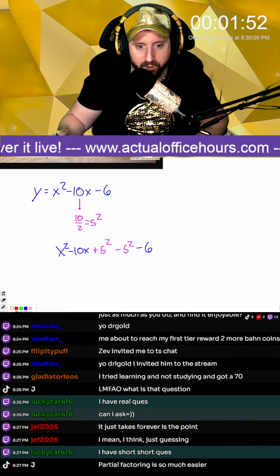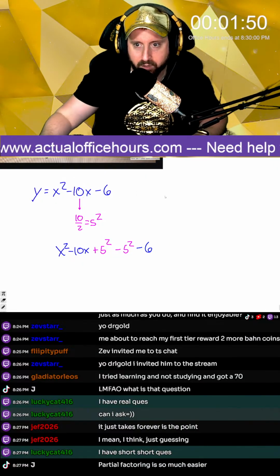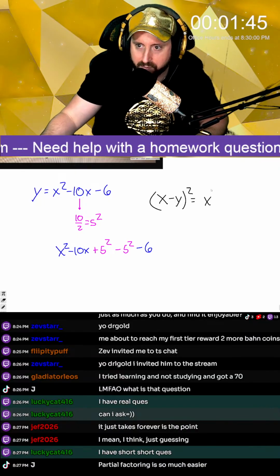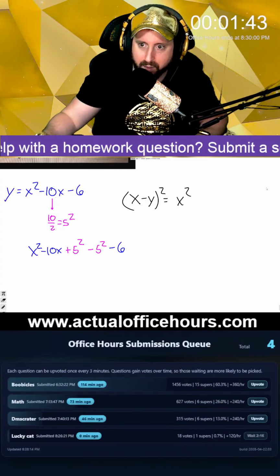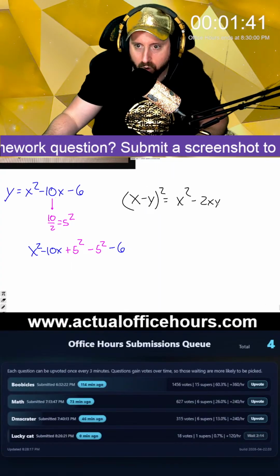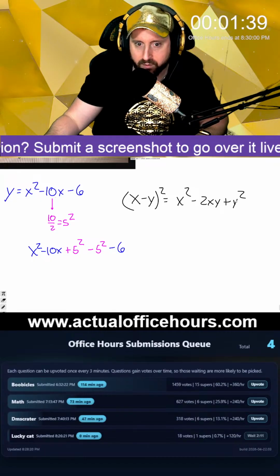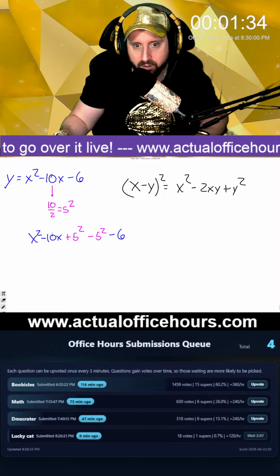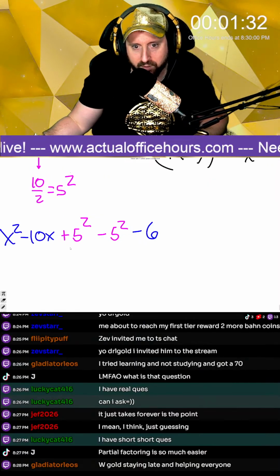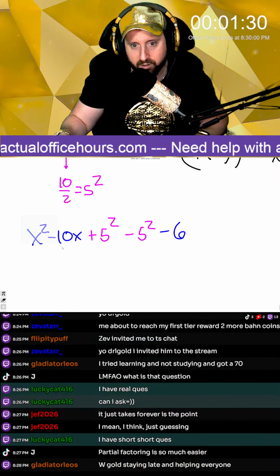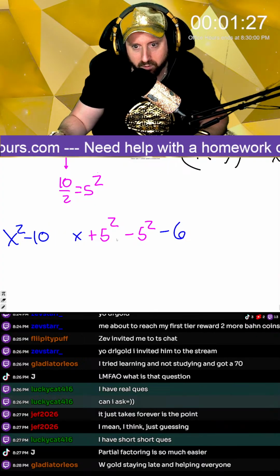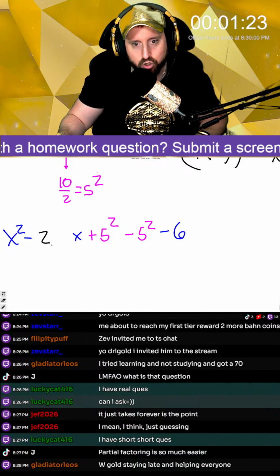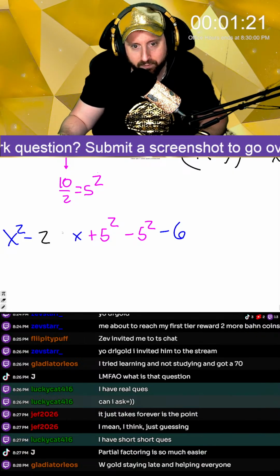For instance, you should know that if I do x minus y squared, this is the same thing as x squared minus 2xy plus y squared, right? So what you're doing when you're completing the square is you're forcing this thing to divide by 2 and square. So this 10 is the same thing as 2 times 5.